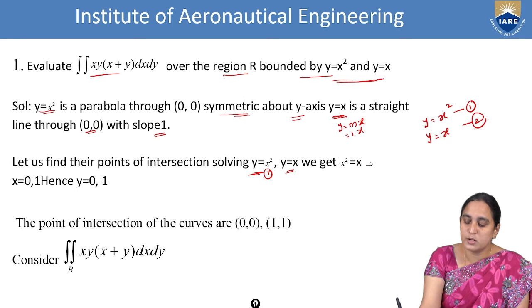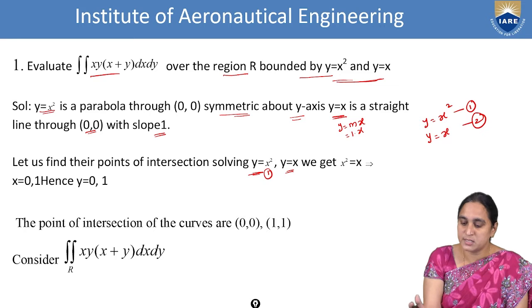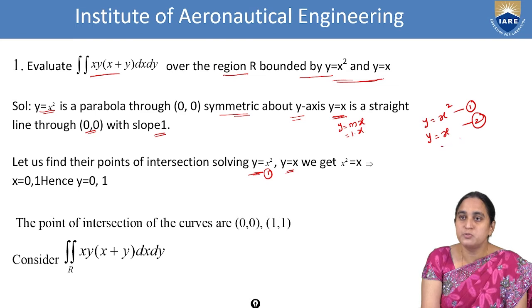First I'll solve these two equations for either the x points or the y points. From the second equation, what is y? y is equal to x. Substitute this y is equal to x in the first equation. Then easily that equation will be converted in terms of x.